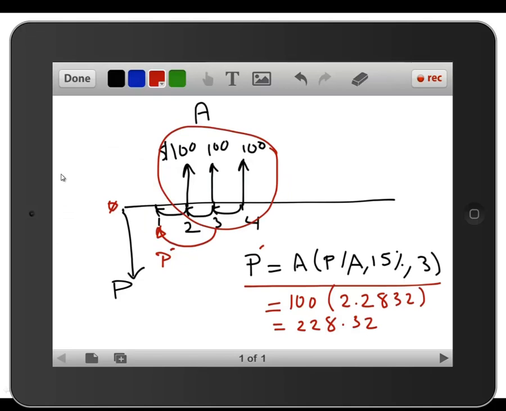Again, I want to return P prime now to year 0. So I will consider this as a future value for the present.